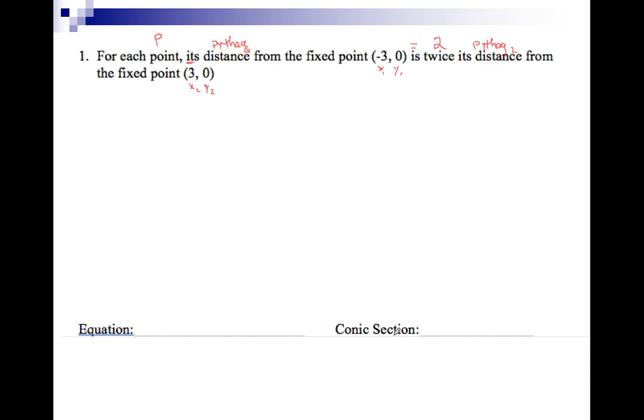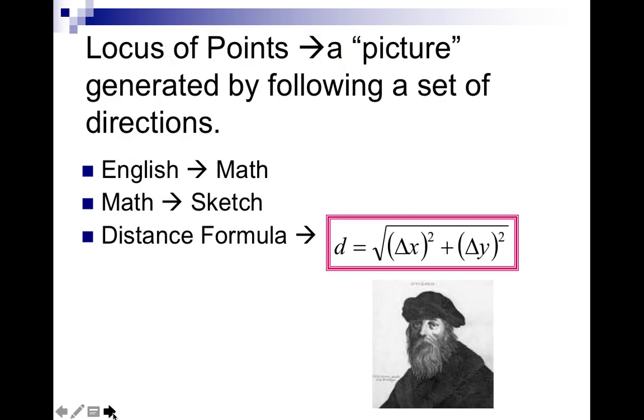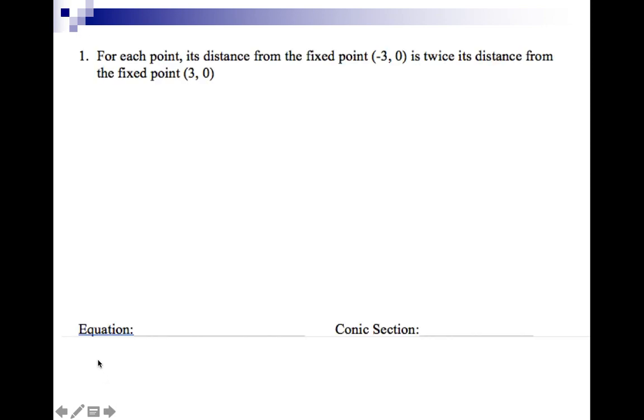Now remember this point here, this point also is an xy, but it's a generic xy. Whoops, sorry. Every time I do that, the pen erases. This point is a generic xy.